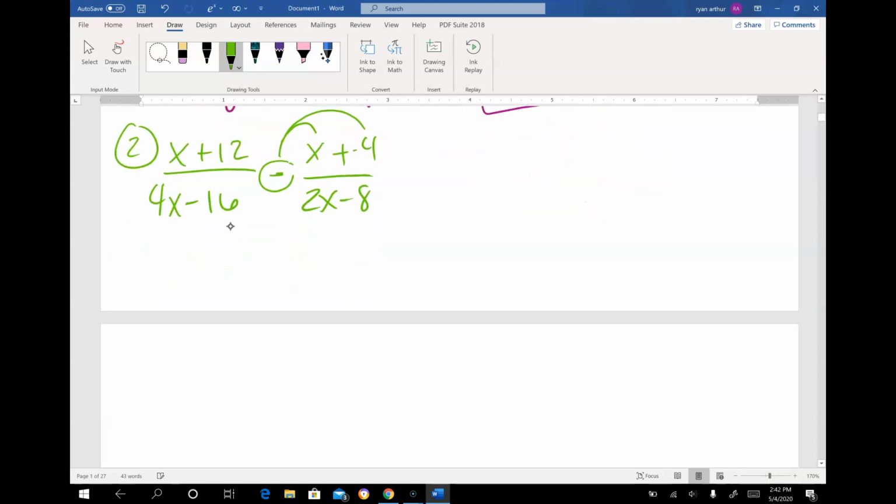So this question, when we do the keep, change, okay, you're going to keep this first fraction over its denominator.